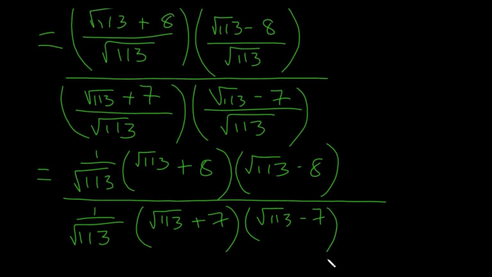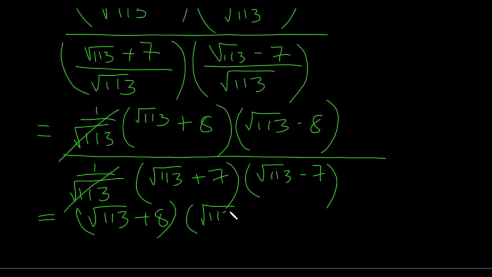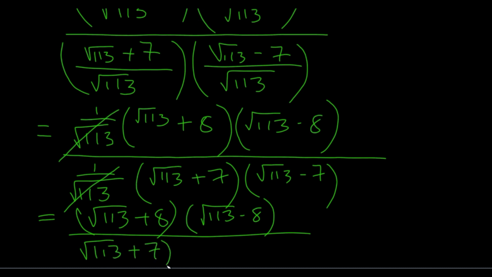Since we can see 1 divided by root 113 in the numerator and denominator, we can cancel it. The new equation is (root 113 plus 8)(root 113 minus 8) divided by (root 113 plus 7)(root 113 minus 7).